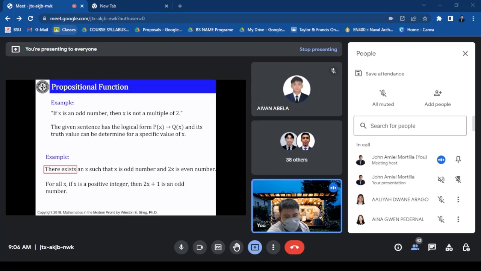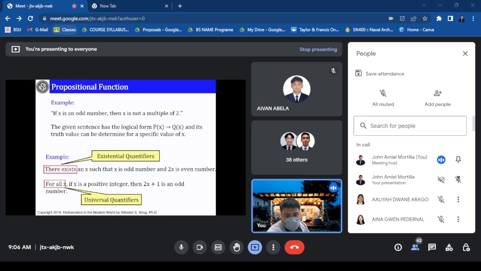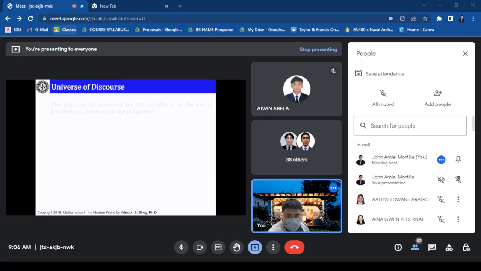So, makikita nyo, there exists, for all. Ito yung mga na-discuss kanina. So, we have a universe of discourse. So, the variable x is the set of positive real numbers for the proposition.